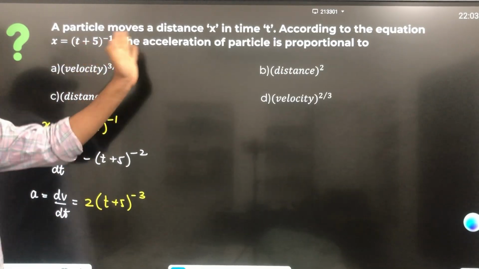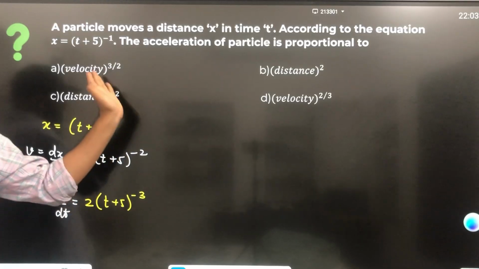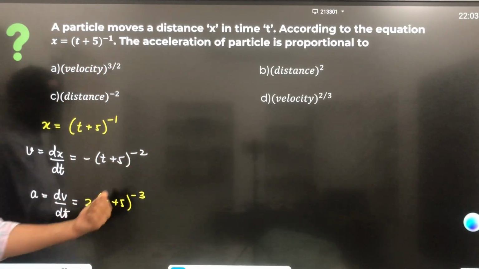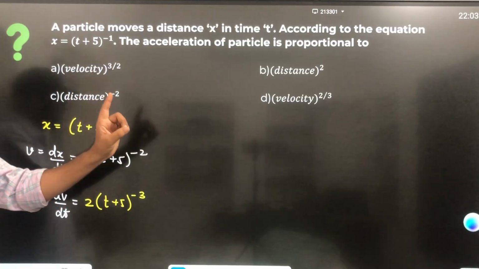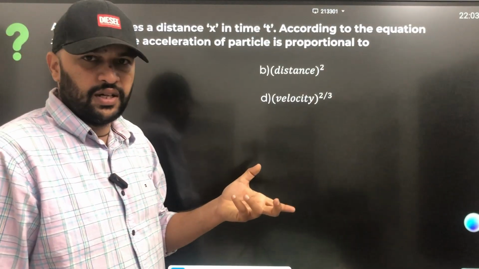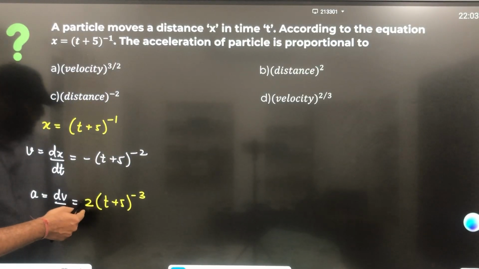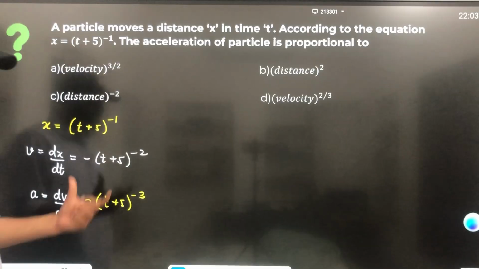They are asking which of these is true, right? So let's start with the first part only, velocity to the power 3 by 2. Let's see if velocity to the power 3 by 2 gives us acceleration or not. Be very careful here, they are talking about proportional, right? When you're dealing with proportionality, you don't focus on the numbers, the constants. So we just have to look at the factor.